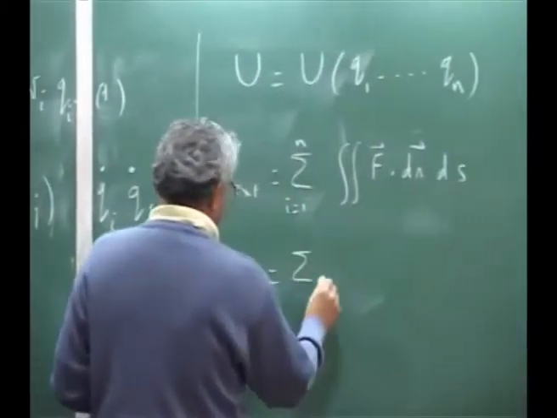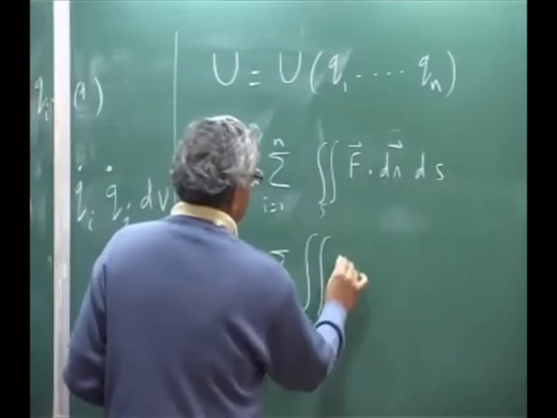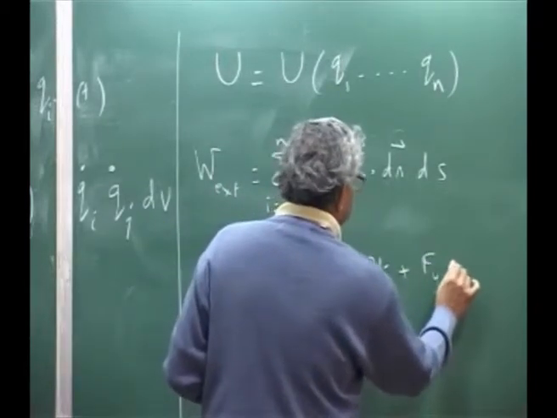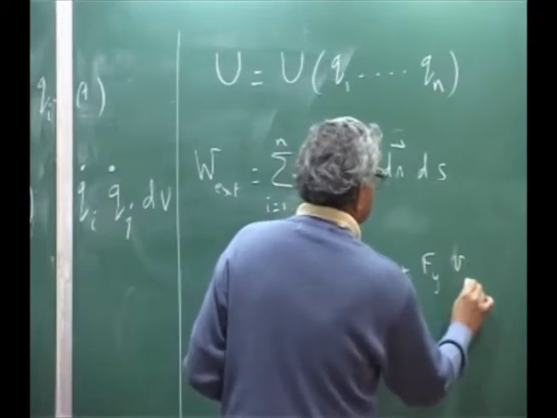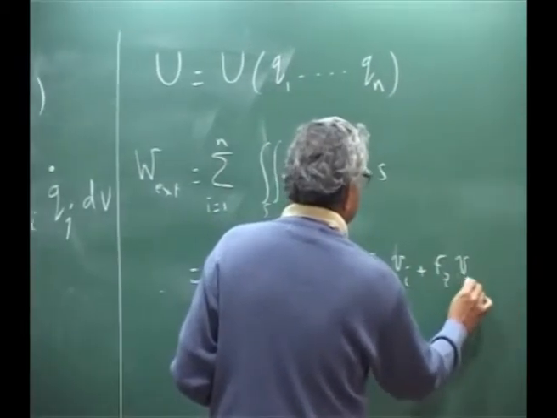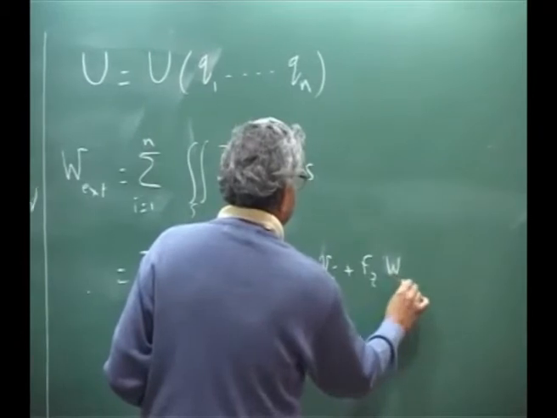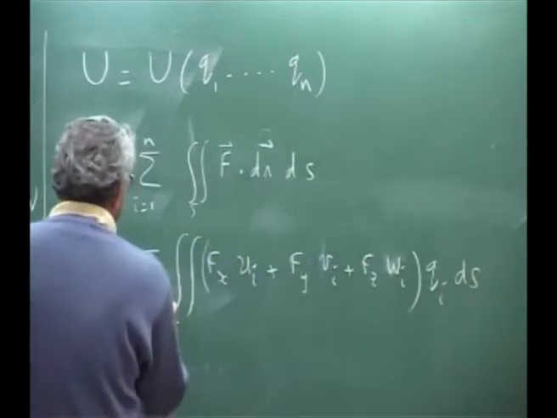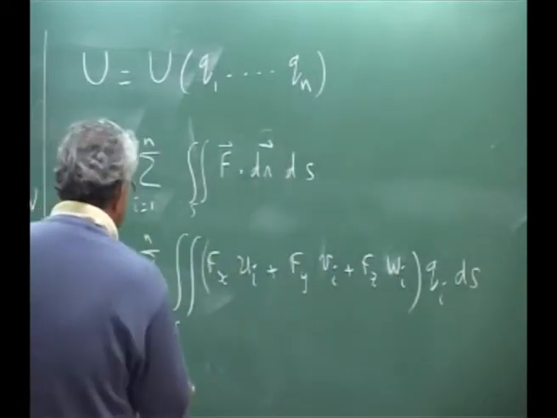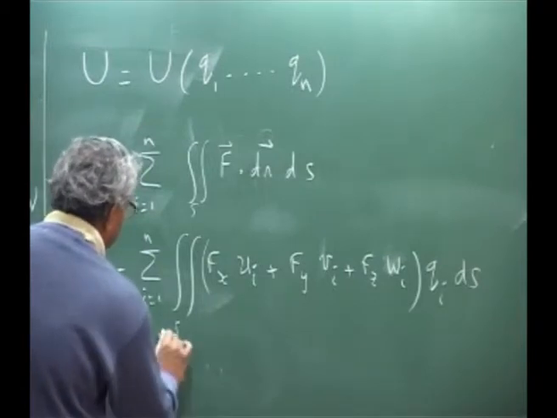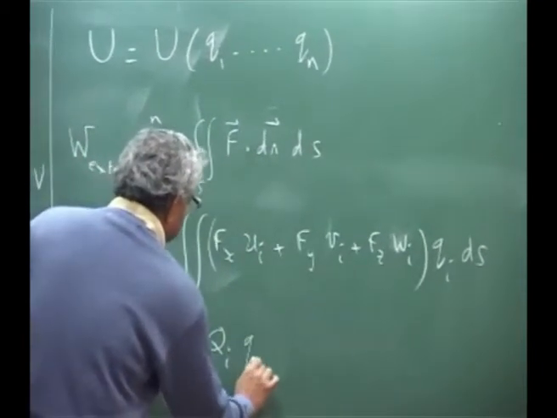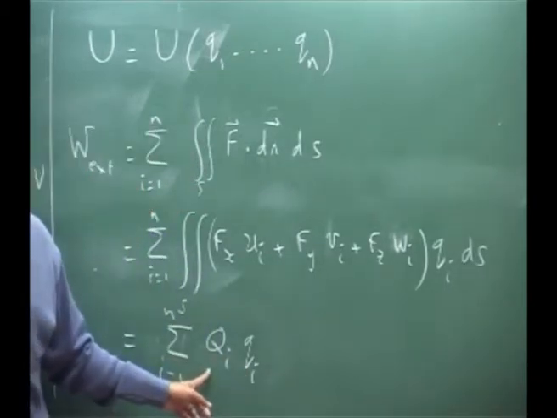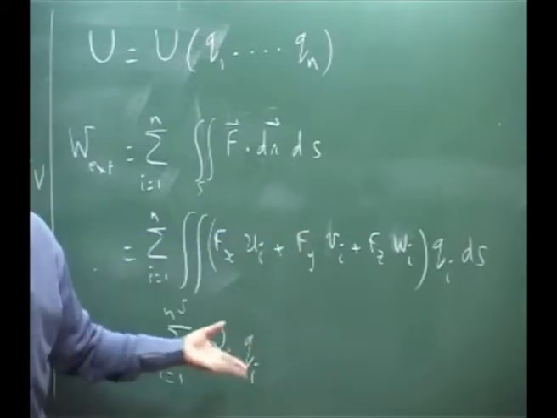This is summation over the surface: Fx ui plus Fy vi plus Fz wi into qi dS, with i running from 1 to n. This you can write as summation i from 1 to n of capital Qi lowercase qi. This is my generalized force. This is my generalized coordinate.